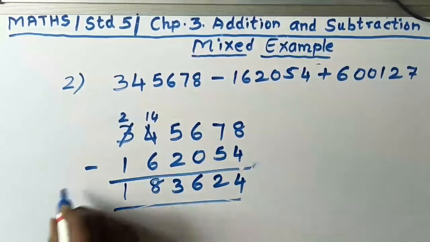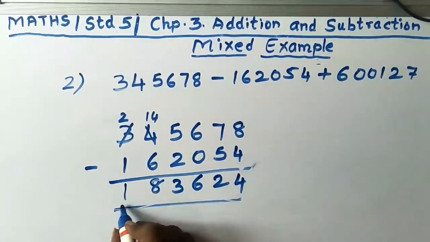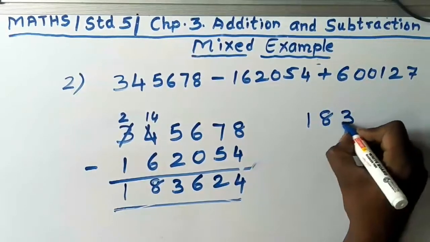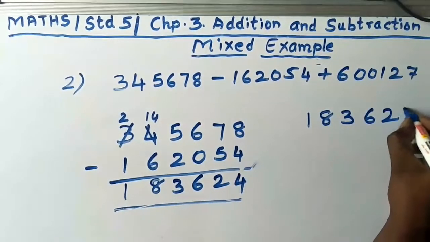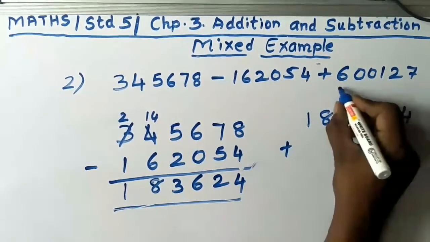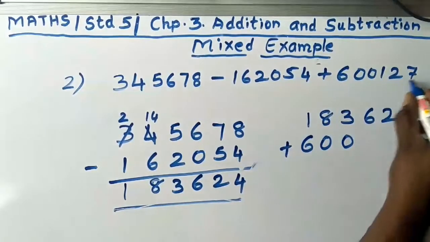So this answer you have to add to this number. So I'll write this number here: 1 8 3 6 2 4. This number I copied here, plus the last number, 6 0 0 1 2 7.